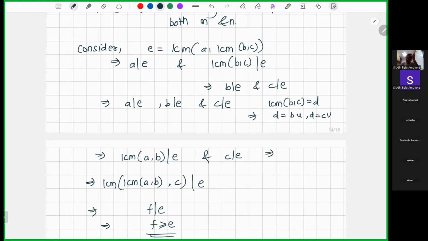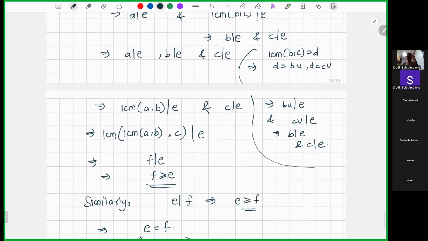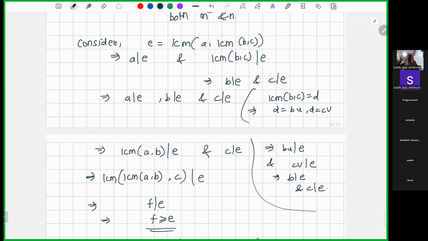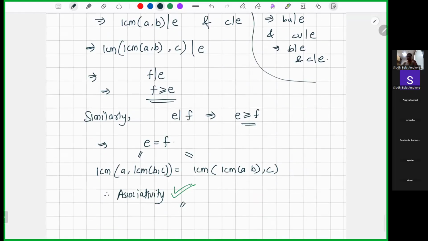And since it divides E, b times u divides E and c times v divides E, this implies b divides E and c divides E. Yes, it makes sense. I hope there's no problem here, that if an LCM divides some number, then each of those numbers divides it.